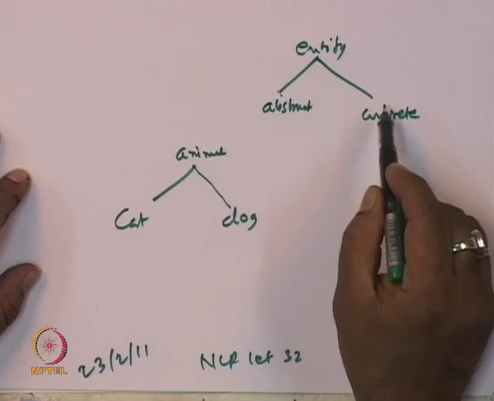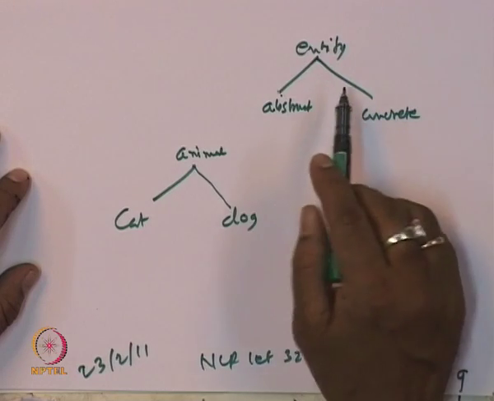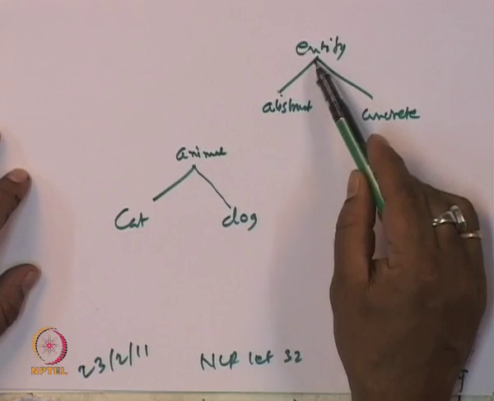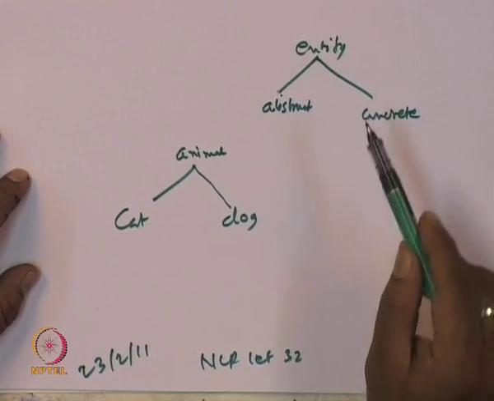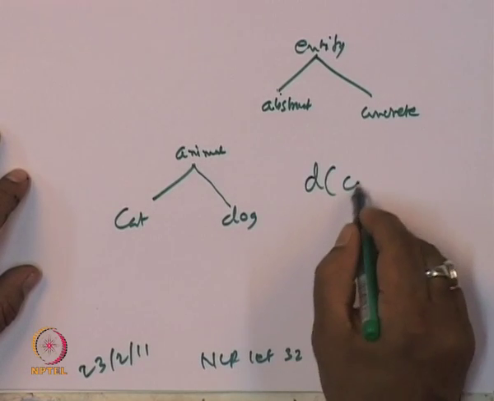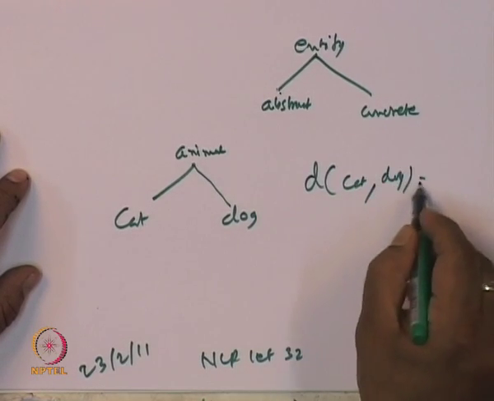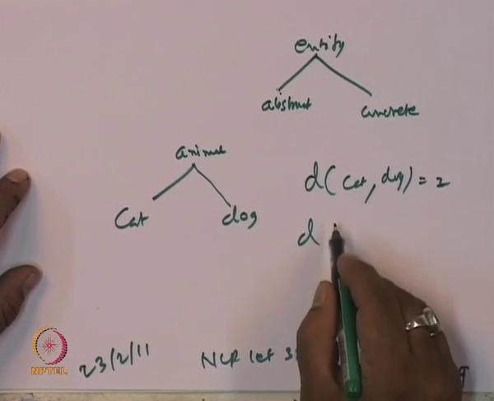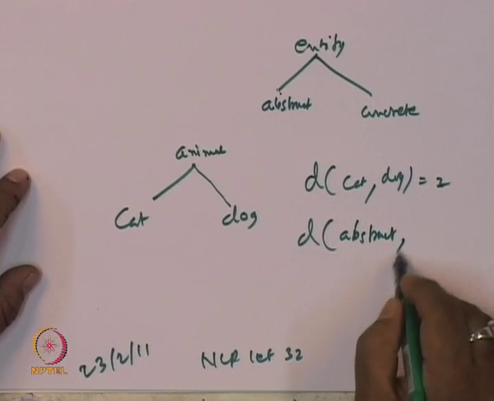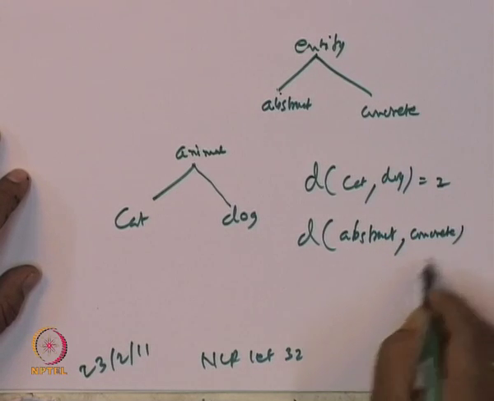The distance between abstract and concrete is 2. You go to the parent and come down to the sibling. Here also the distance between cat and dog is 2. Okay. So, D cat comma dog is 2 and D abstract comma concrete is also 2.